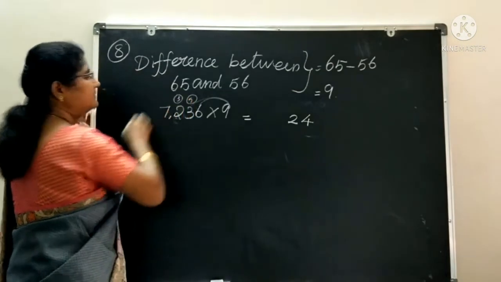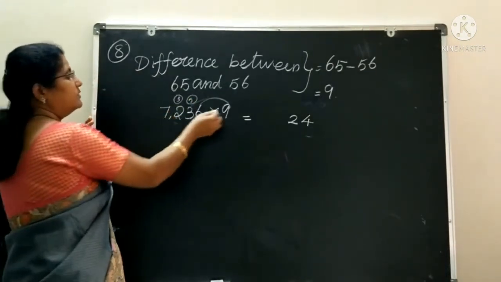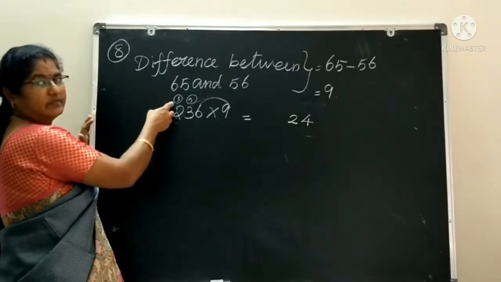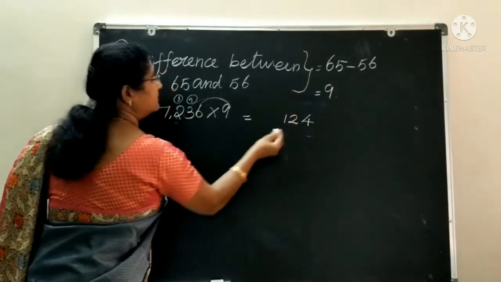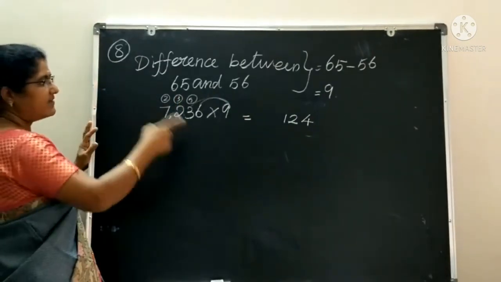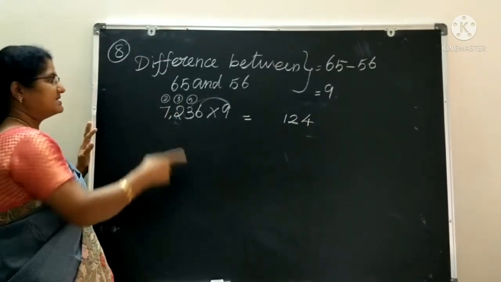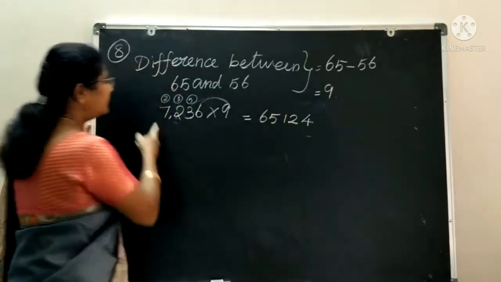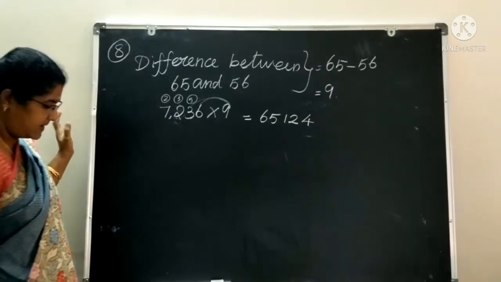Write 2, carry over 3. 9 2s are 18, plus 3, 21. Write 1, carry 2. 7 9s are 63, plus 2, 65. The last number, so write together.